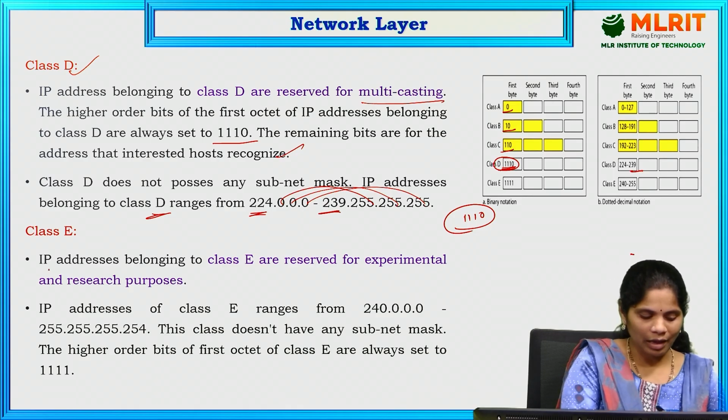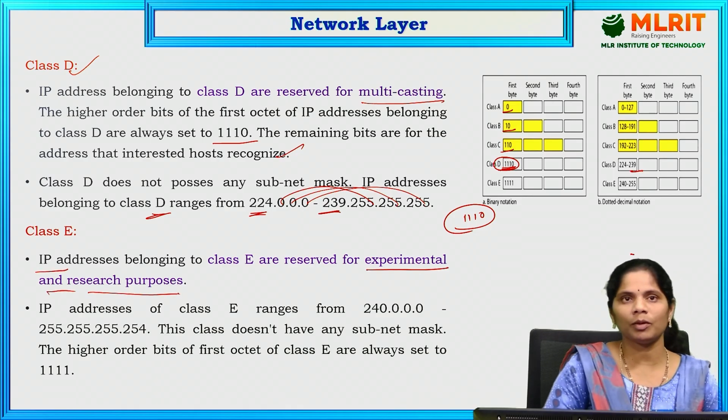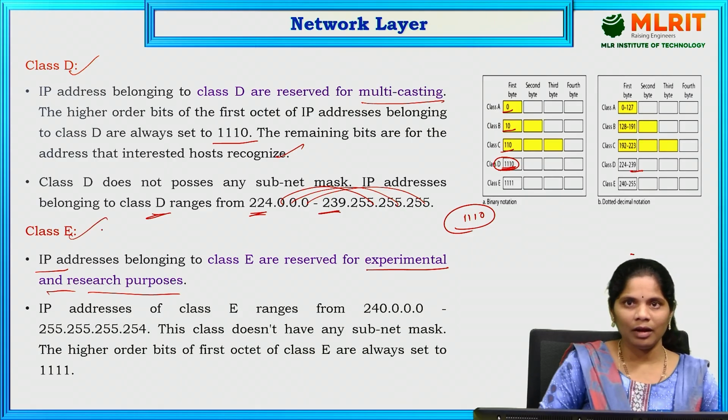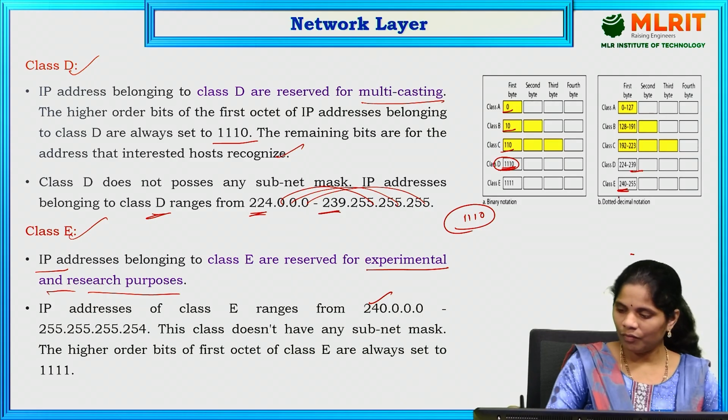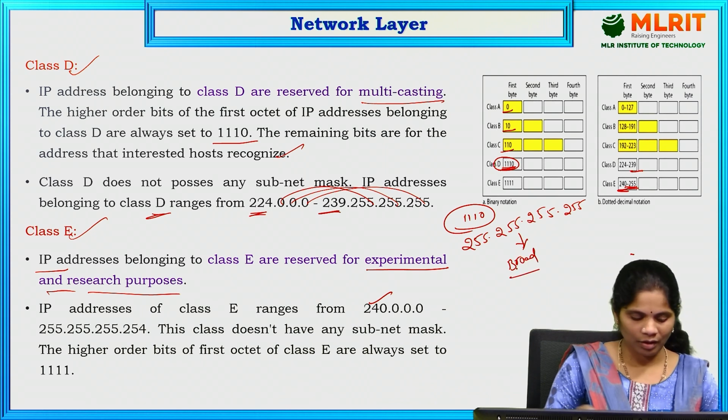And coming to class E, it is used for experimental and research purposes. The range starts with 240 and ends at 255. But 255.255.255.255 is used for the broadcast address, that's why we are not using it and only write till 254.